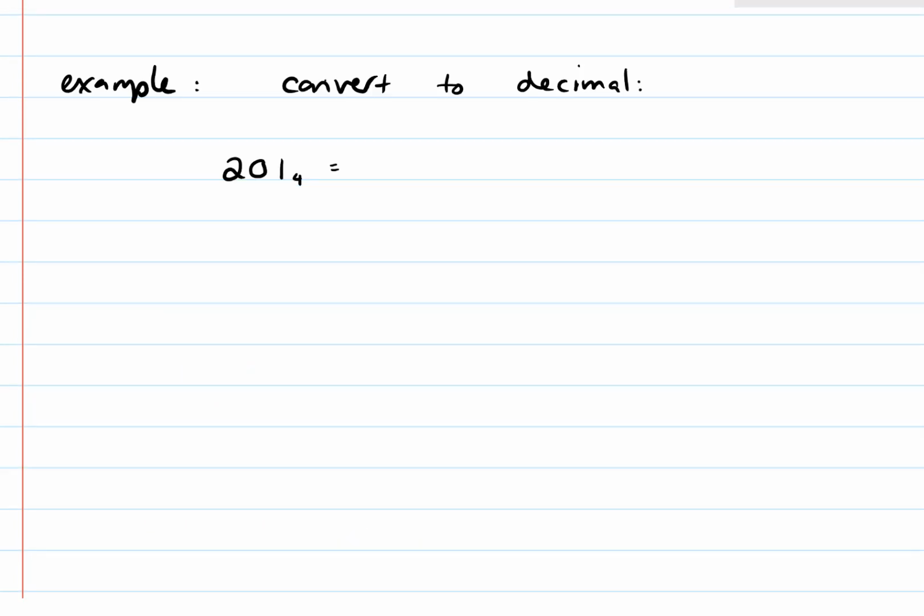So let's just do one last example in this lesson, which is converting the number 201 in base 4 to decimal, remembering that the 4 in the subscript is the base, and we write that the moment that we're using a base that's not base 10. So a nice straightforward way to do this is to write the 3 numbers out like so, the 2, the 0, and the 1, and then we fill in those spaces with what those numbers represent.